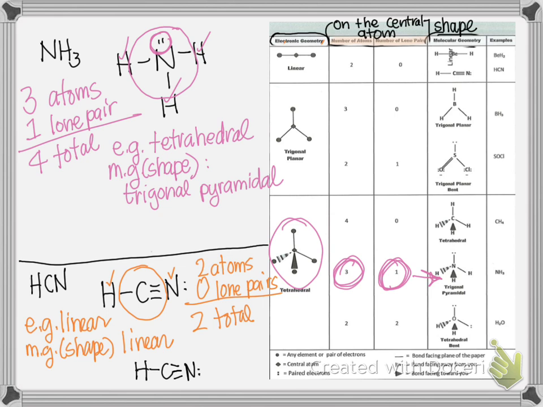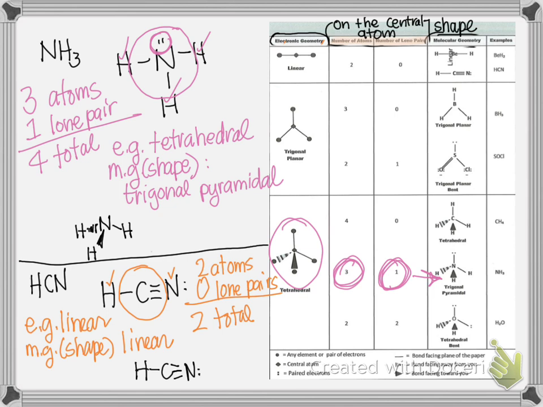And trigonal pyramidal looks kind of like a pyramid. You have the nitrogen in the middle. It would have one hydrogen here, and then one hydrogen would be behind it, and one would be coming out. So it would be sitting up kind of like a pyramid.